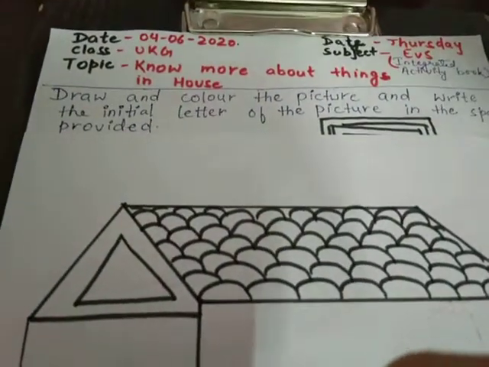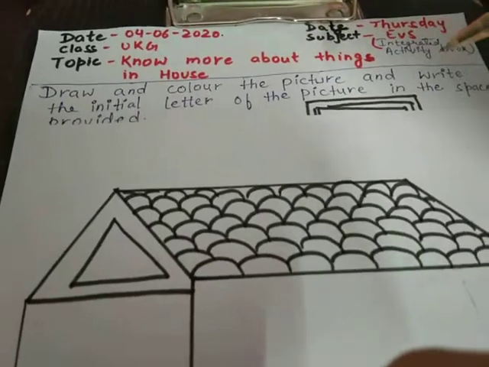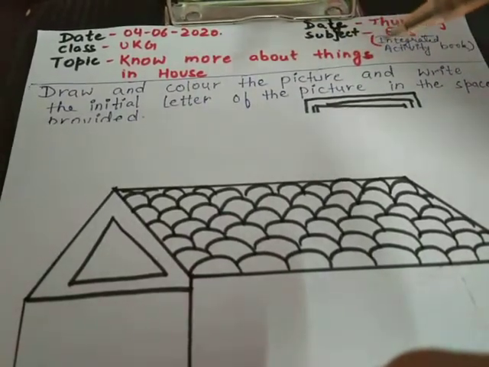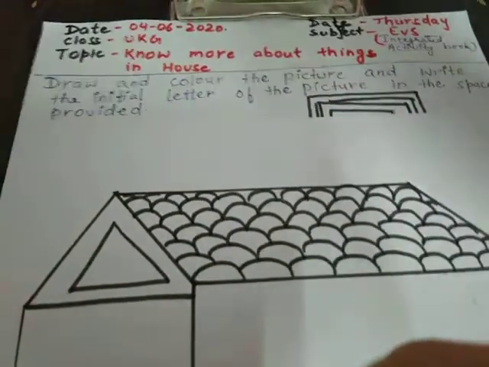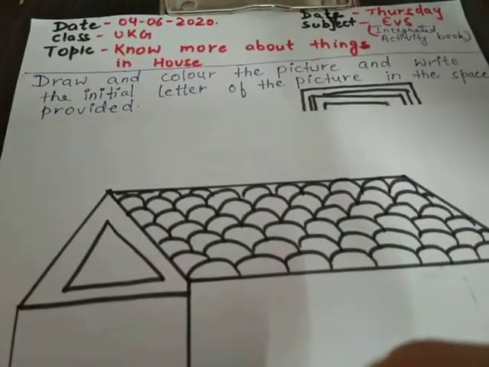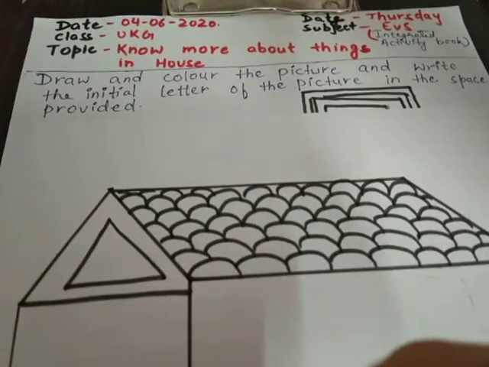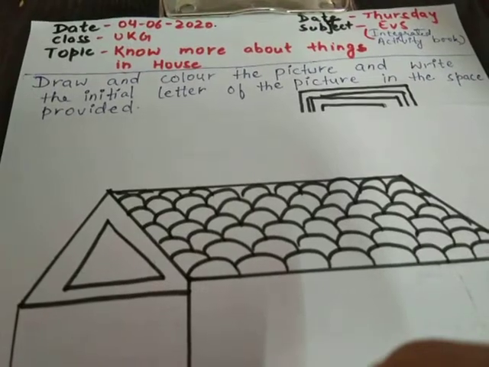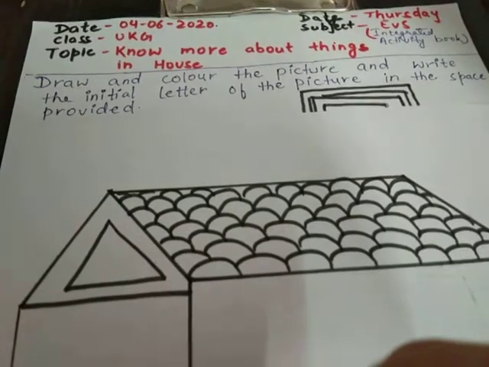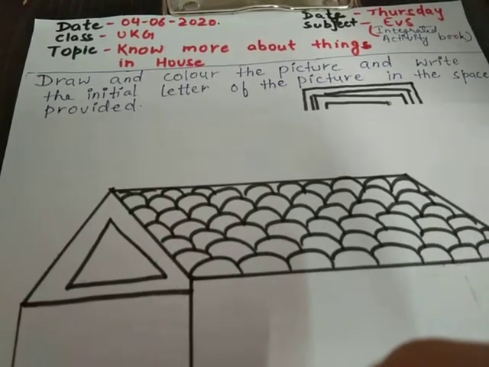You have to draw and color the picture and write the initial letter of the picture in the space provided. You don't have to write the whole word.